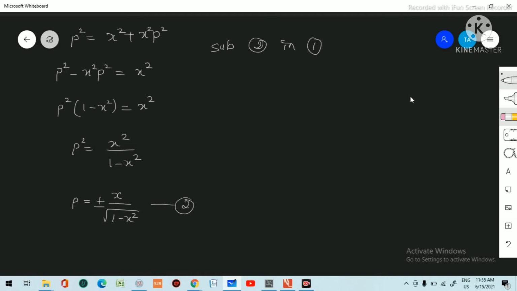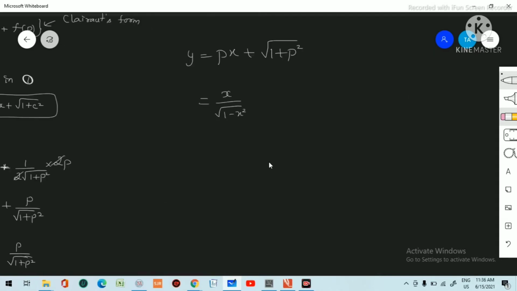Okay, substitute 2 in 1. So what do we get? Root of 1 minus x square into y, that plus or minus I am bringing here, square root of 1 plus, in place of p, x by square root of 1 minus x square, whole square.